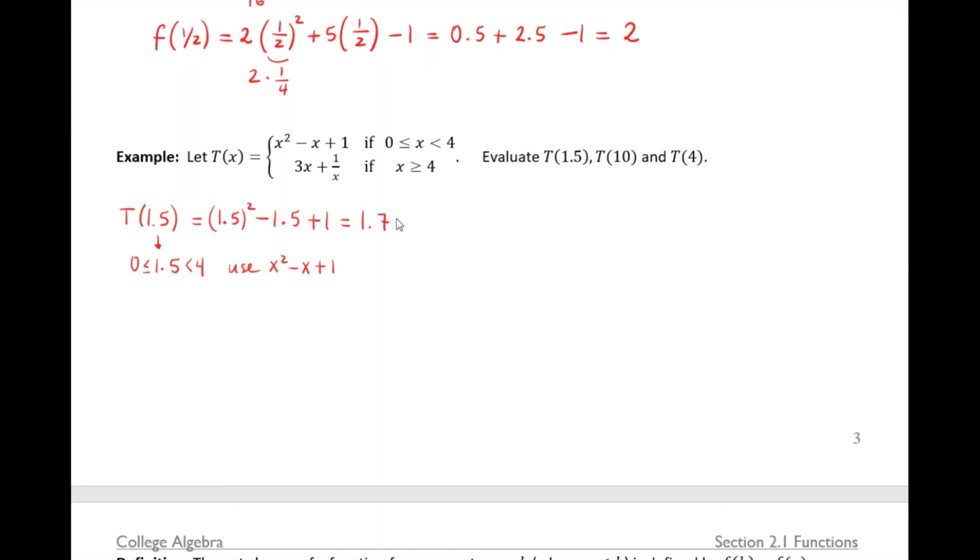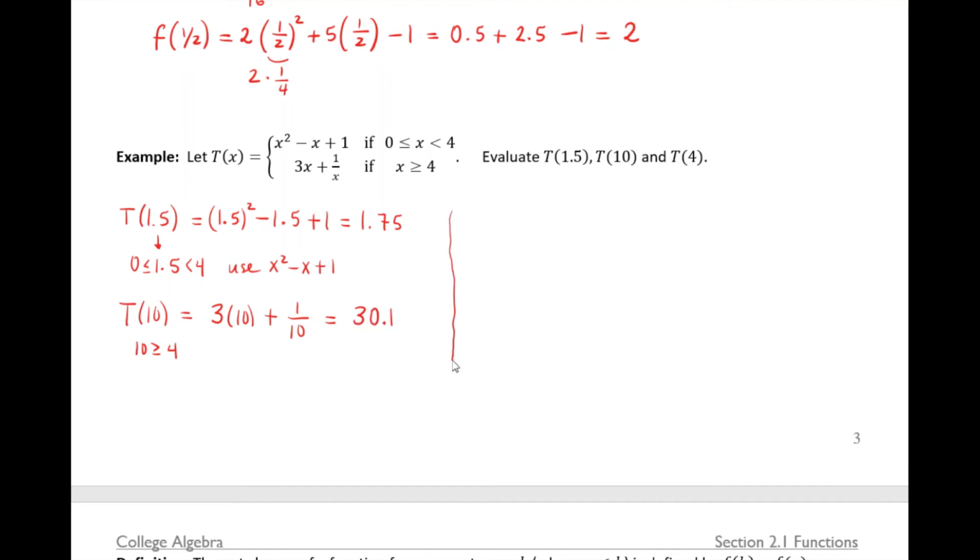So 1.75 is what I got. So for example, you want to find t of 10. Now you need to use the second one, because don't forget 10 is greater than or equal to 4. So you check in which interval the input fits, and then you use that function. So I will have 3 times 10 plus 1 over 10. See, this is like 30. This is 0.1, so it's going to be 30.1.